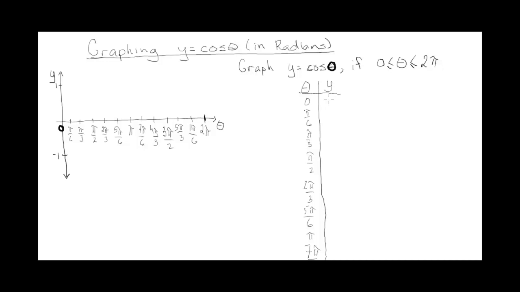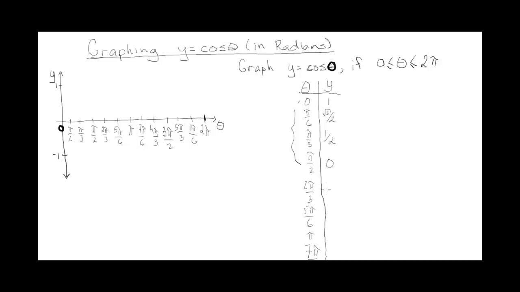So cosine of 0 is 1. Cosine of pi by 6 is root 3 over 2. Cosine of pi by 3 is 1/2. And cosine of pi by 2 is 0. Okay, this is basically our first quadrant, right? It's the first quadrant. So now everything's just going to be similar, but negative values.